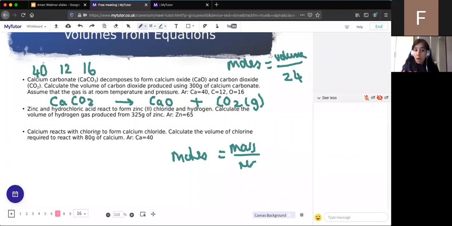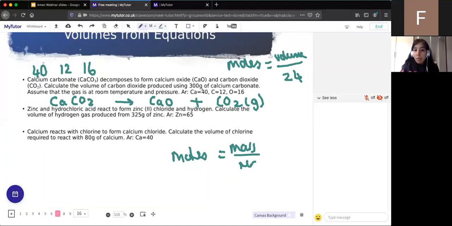So what's the MR of calcium carbonate? So I've given you the ARs of all three of them. What's the MR? So it'd be calcium plus carbon plus 3 oxygens. So 52 plus 48, which gives us a nice number. What's 52 plus 48? And therefore, what's the MR? 100. Brilliant. Okay, so we've got our MR of calcium carbonate, and that's 100.